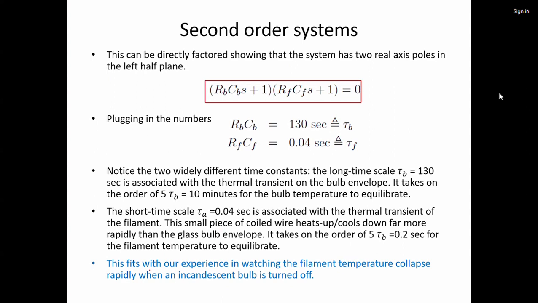This fits with our experience in watching the filament temperature collapse rapidly when an incandescent bulb is turned off. As soon as you turn off, it cools so rapidly that you don't see the glow anymore.